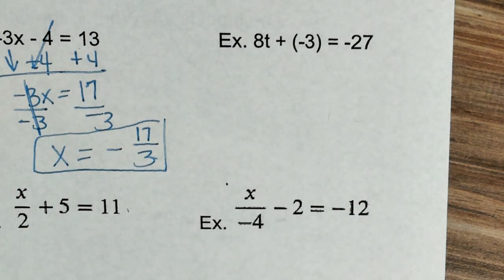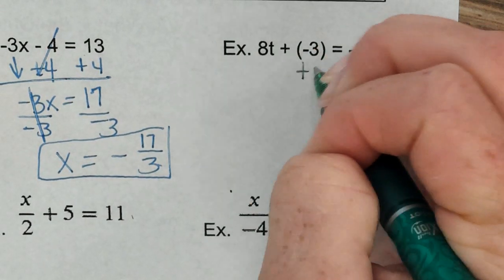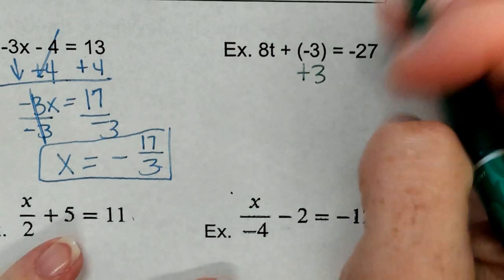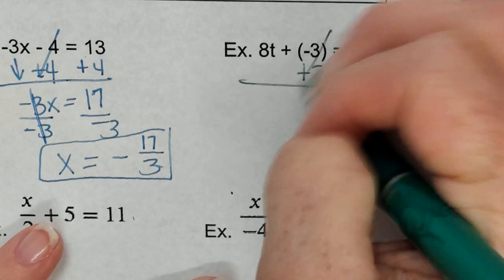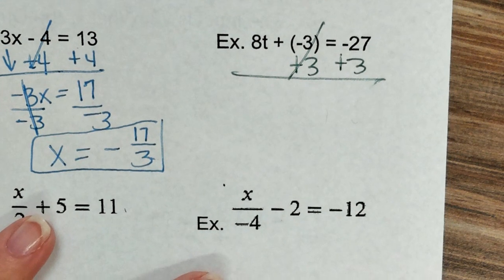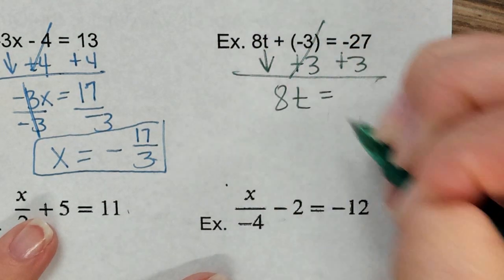How would I zero out a negative 3? By adding 3. So you're always asking yourselves on those constants, how would I zero this out? Okay, I'm going to add 3 to both sides. Because negative 3 plus 3 is 0. It's gone. I'm going to bring my 8t down, and don't change your variable. It is a t.